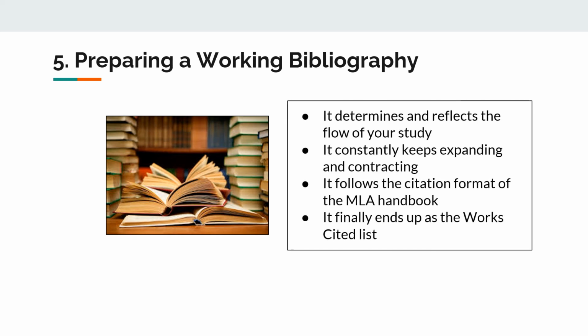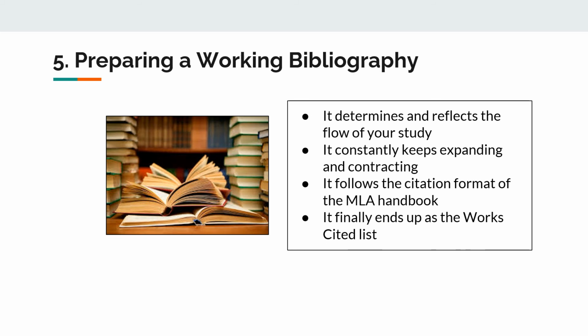We usually get texts which will go into the working bibliography from the bibliographies of significant secondary sources we identify. Now, this list could expand when we find what seems like significant secondary sources, or could contract when we realize that a book we added to this list is not very important for our argument and we put it aside.